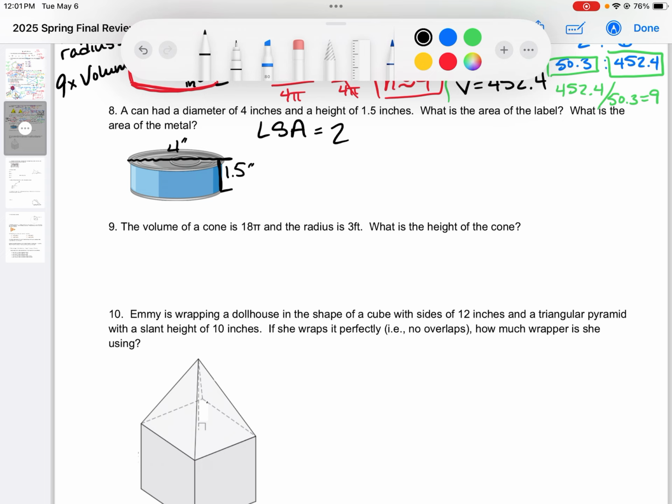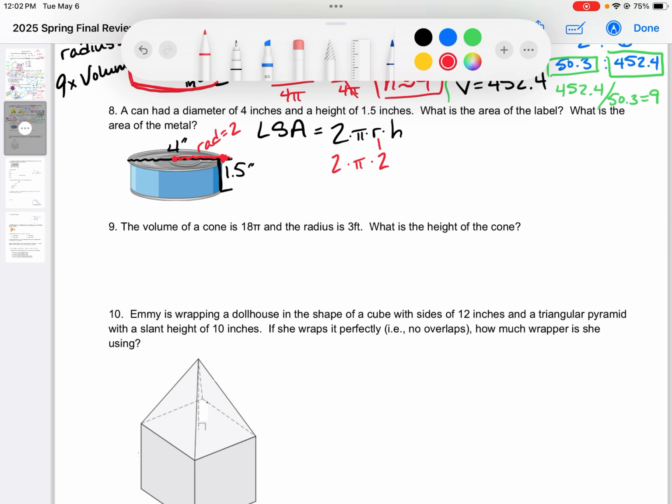And so the lateral surface area of a cylinder is 2 pi r h. 2 times pi times r times h. So half of our diameter, okay, if the diameter is 4, half of that is our radius. So our radius is 2.